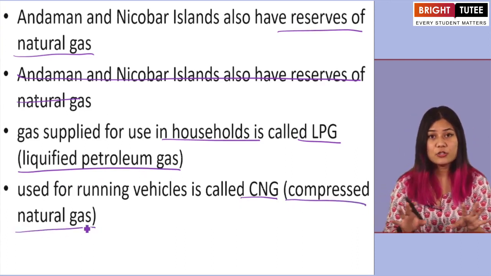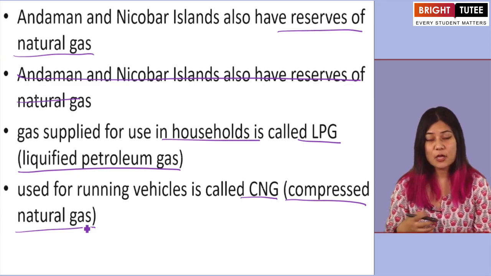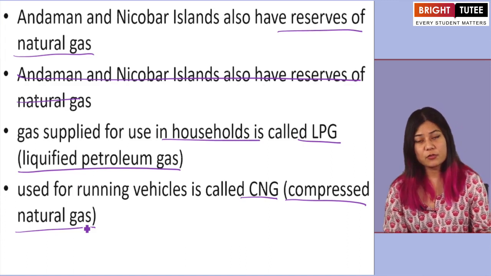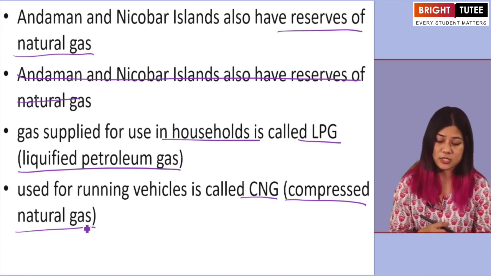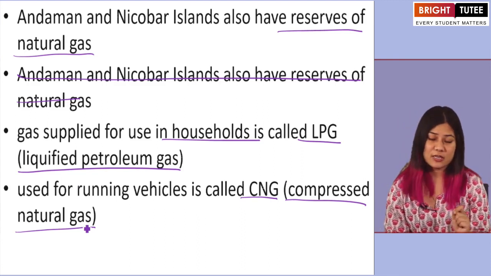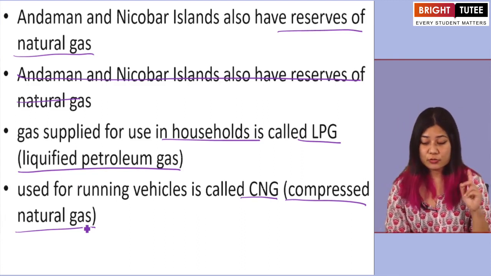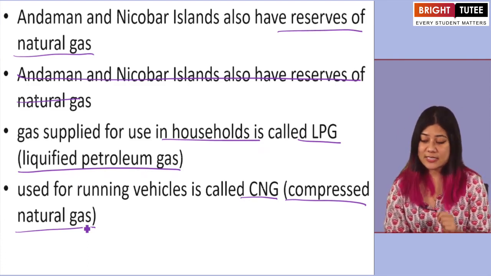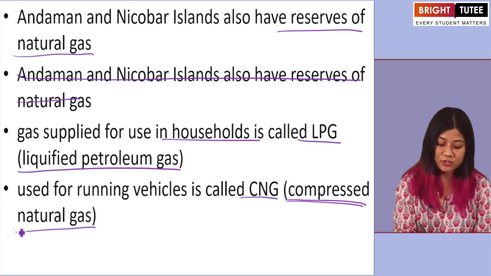So these are two different kinds of gases which are used in our everyday lives. When you go to the petrol pump, the gas station, you see there's a separate counter to get CNG. So the next time you see it, you know that it's a part of natural gas, and CNG stands for compressed natural gas.